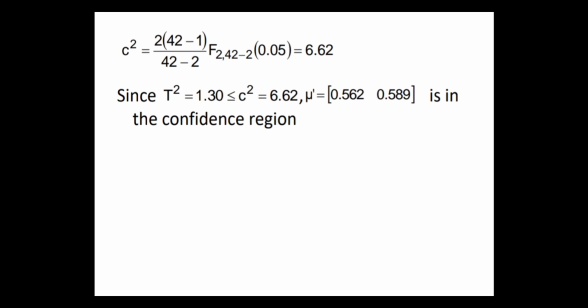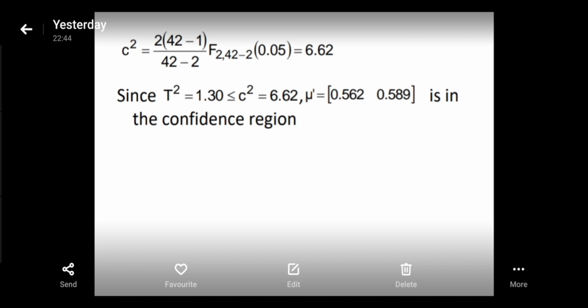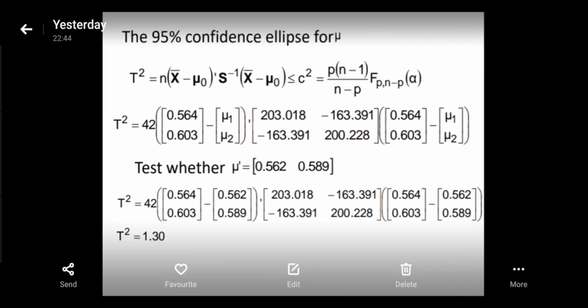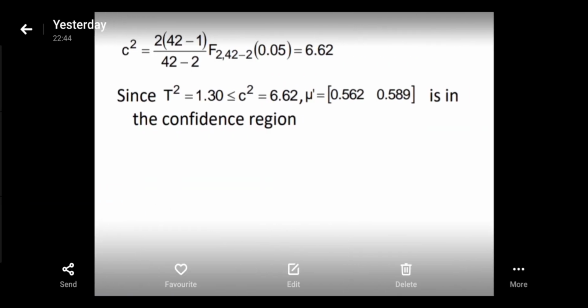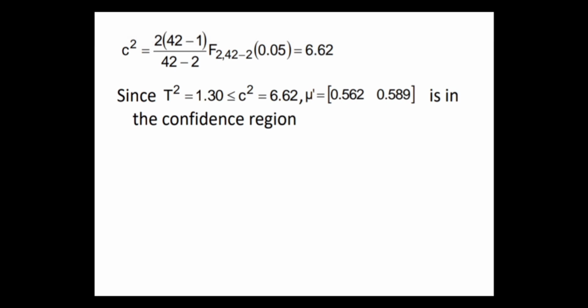Okay, so c square is the F distribution multiplied with p(n minus 1) divided by (n minus p). Okay, sorry, it is n minus 2 because of the p, n minus p. Alright, and then the answer will be 6.62.